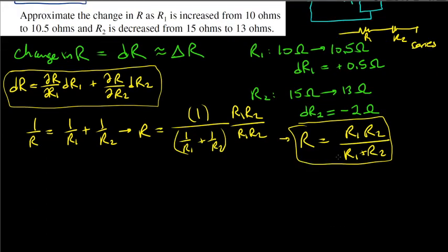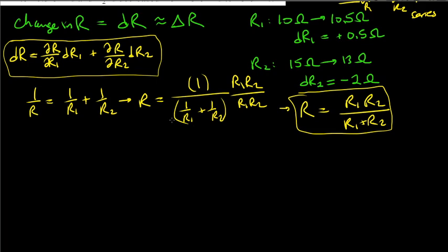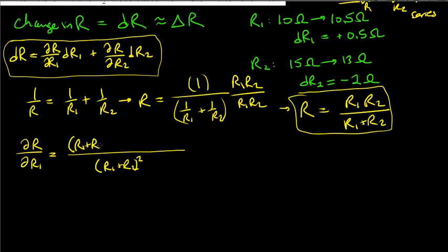So now in this form, we can just take the two partial derivatives. What's the partial of R with respect to R1? It's a quotient, so we'll use the quotient rule. Denominator times the derivative of the numerator, which is just R2, minus numerator times the derivative of the denominator, which is just 1.